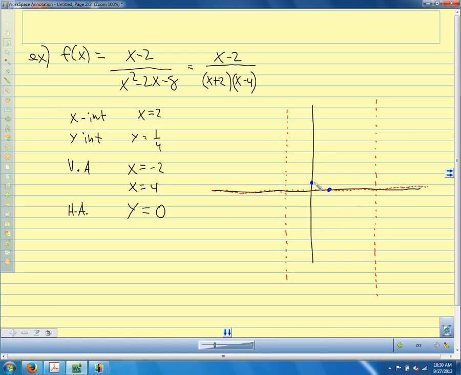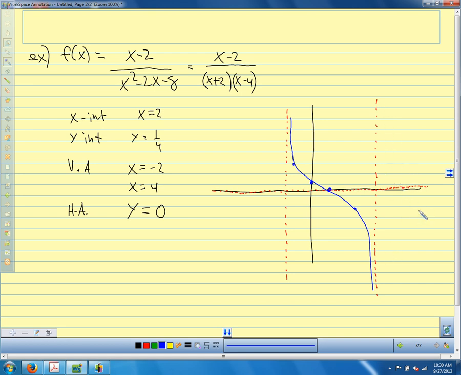My intuition tells me it's S-shaped. If I plug in points, that would confirm that my graph is going to do this in between the asymptotes. If you're not sure, plug in some points and calculate. So it crosses the horizontal asymptote. And out here it could be here, here, here, or here.